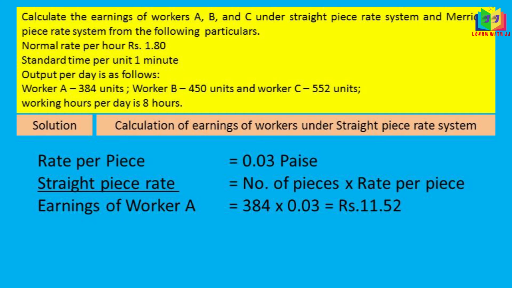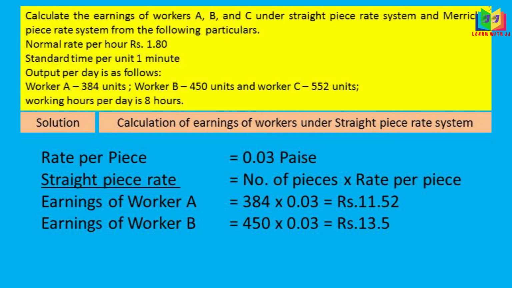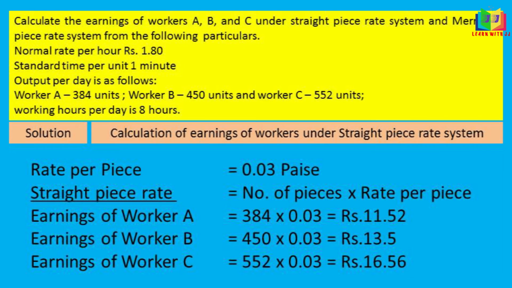For worker B, 450 into 0.03 gives 13.5, and worker C produced 552 units, so into 0.03 gives 16.56. This is the earnings under the straight piece rate system for workers A, B and C.